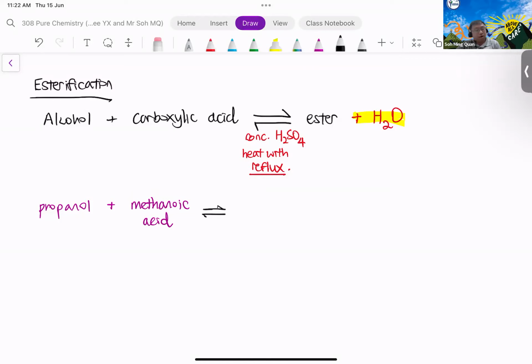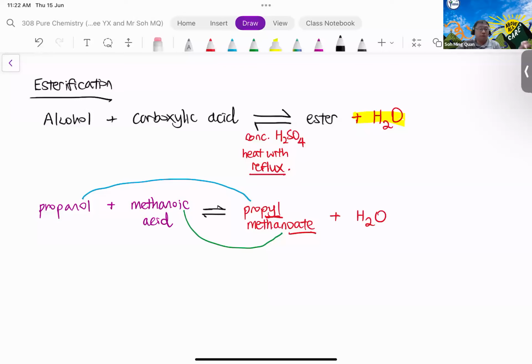Remember, the name starts with the alcohol. Propanol will form propyl. The second part of the name comes from the acid. Methanoic becomes methanoate. So you must recognize the alcohol's name comes first, then the carboxylic acid's name. And let's not forget about water.